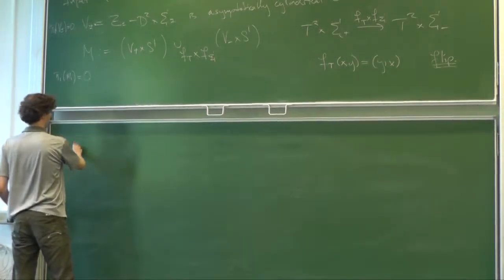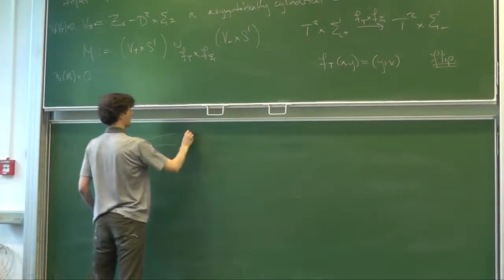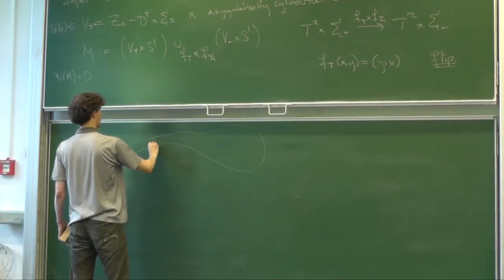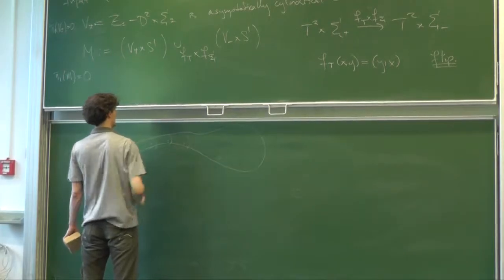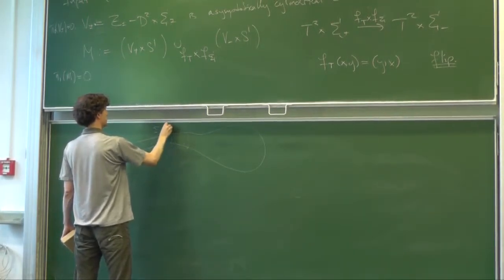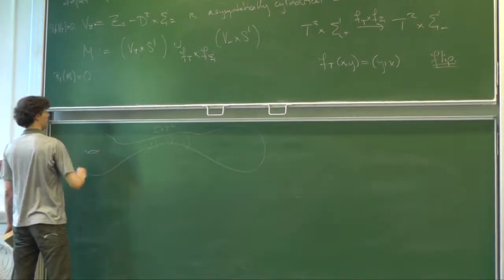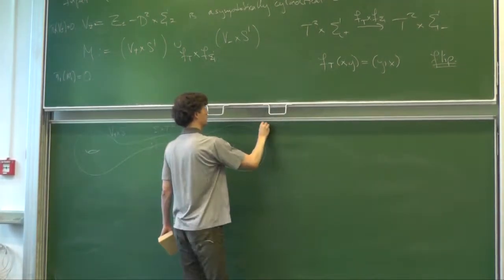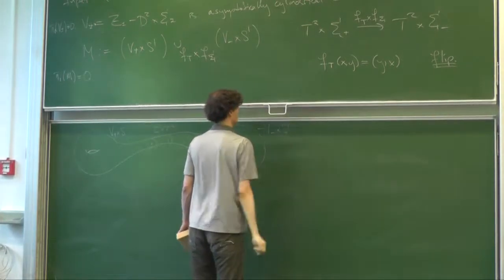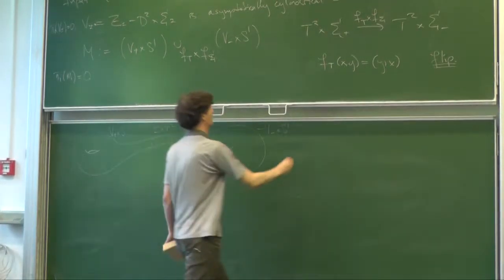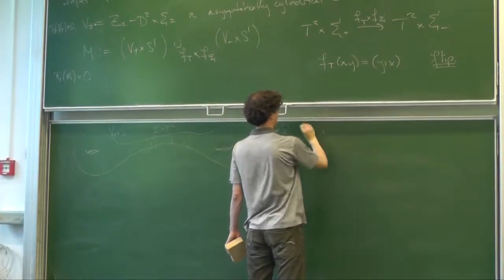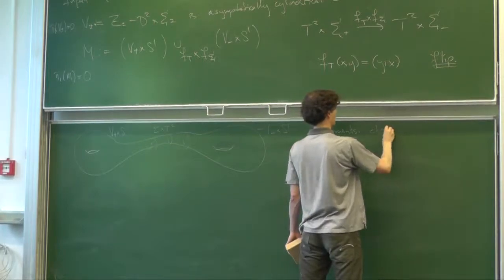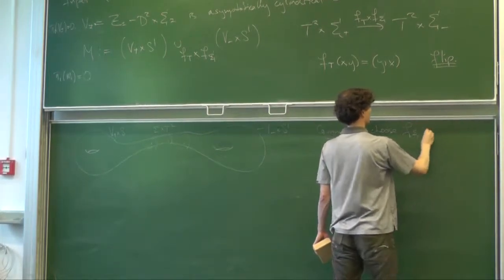Draw a picture. So this is a long neck construction. So here we have sigma cross T2. Here we have maybe inverse orientations. Take care of this. Choose the gluing and sigma carefully.